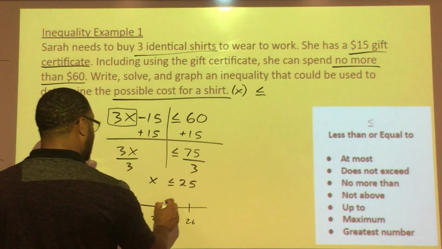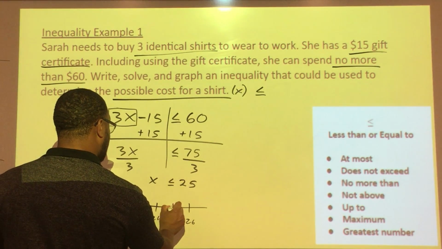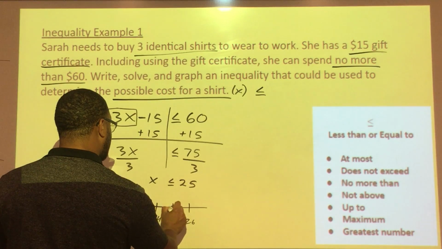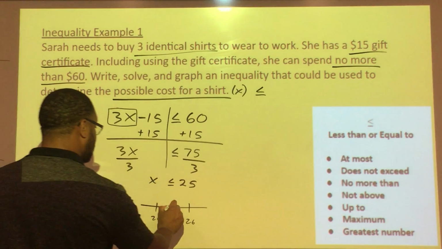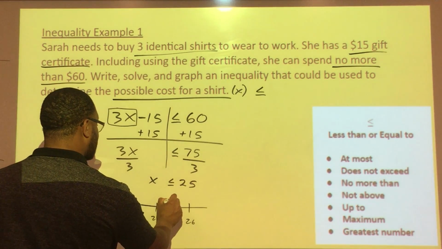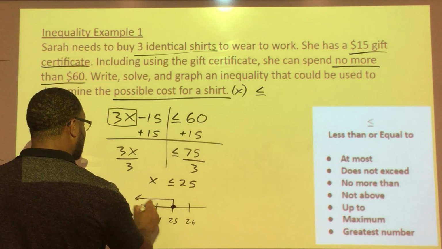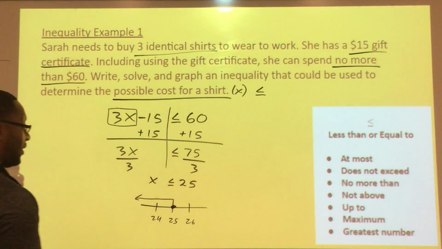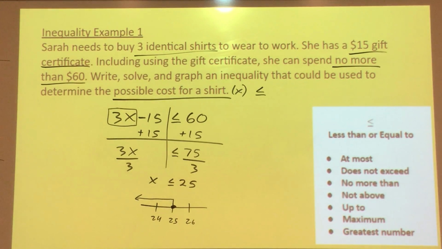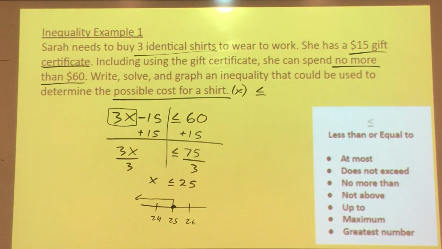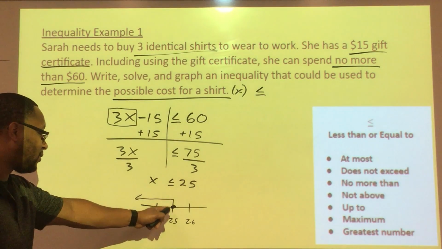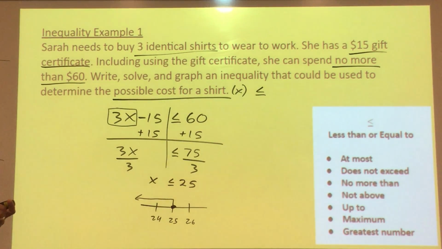What we're going to be looking at here is a closed dot on the $25 because the cost can be less than or equal to, and the prices are going to go this direction because they can't be more than 25, but they can be less than. So that shirt could cost $10, it can cost $13, it can cost $14, it can cost $24, but the shirts cannot cost $26. It could even cost $25 or less.